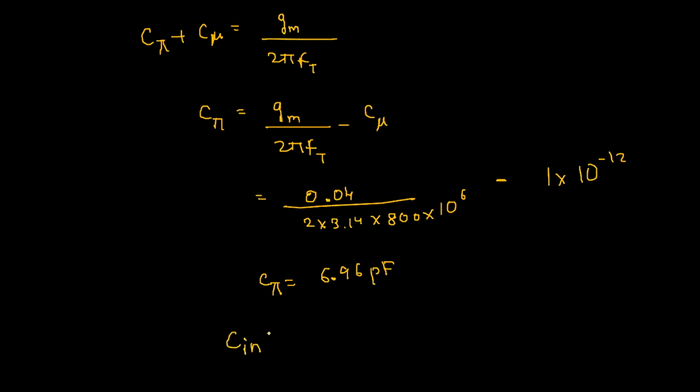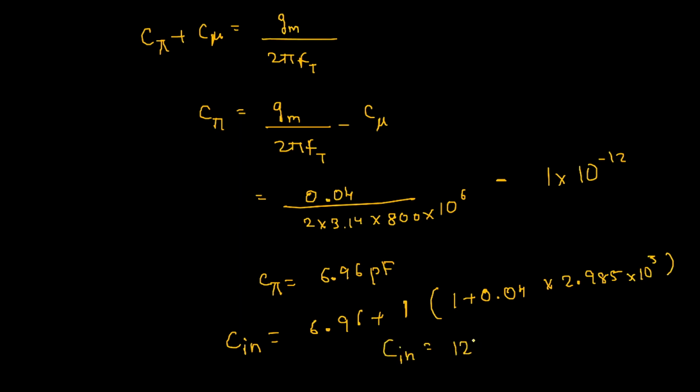Now I have to find C input: 6.96 plus, what is C mu? C mu is 1 picofarad. So this becomes plus 1 into 1 plus 0.04 into 2.985 into 10 to the power 3. That gives my C input as 127.36 picofarad.